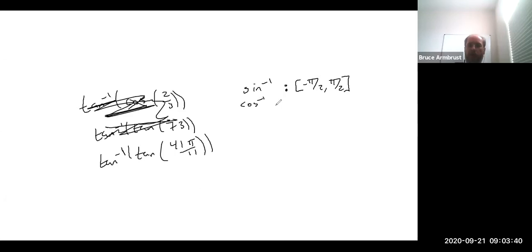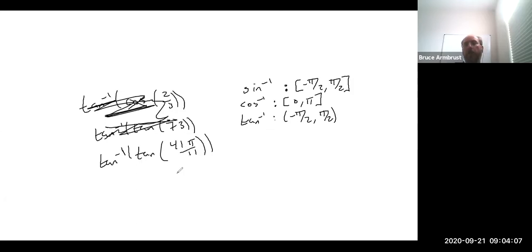Similarly, for inverse cosine, it was between 0 and pi. And then for inverse tangent, it was between minus pi over 2 and pi over 2, but not including the endpoints like with sine, because tangent's not actually defined at either of those endpoints.